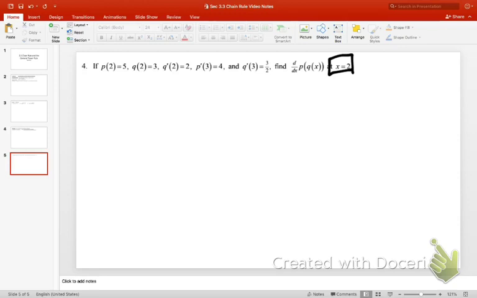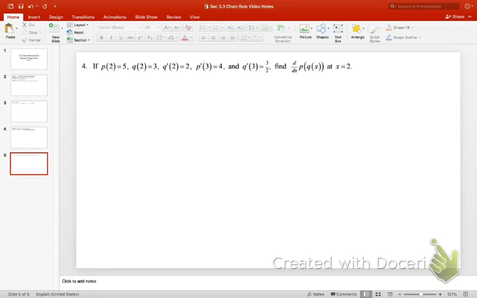So this looks like there's quite a bit going on with this. Essentially what we are going to do is take the derivative of this generalized function, which is a composition. So we have Q of x inside of function P. So we're going to use the chain rule.